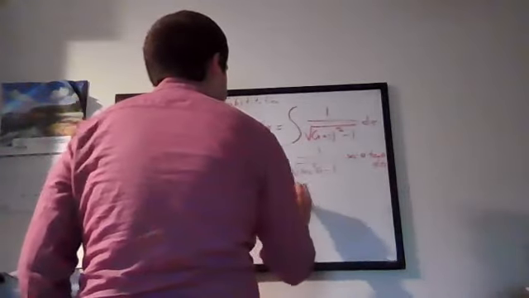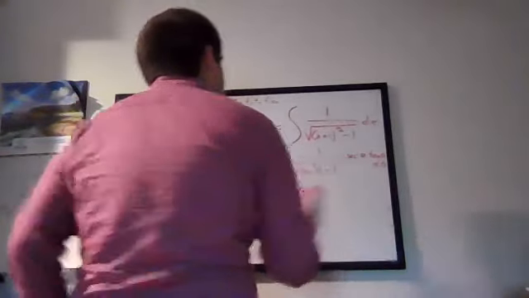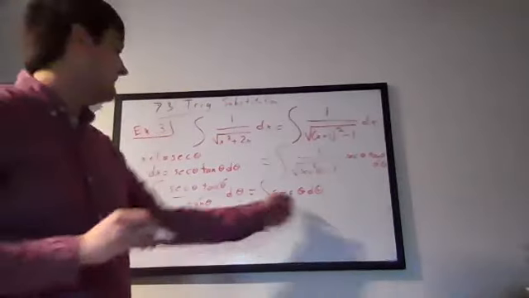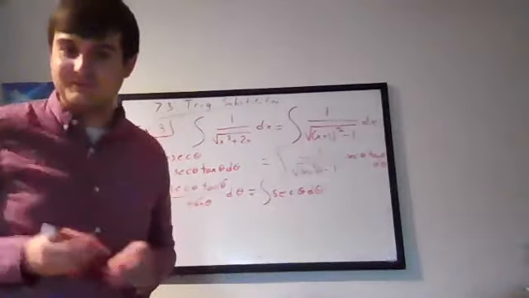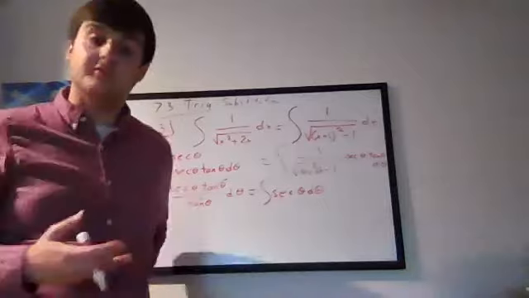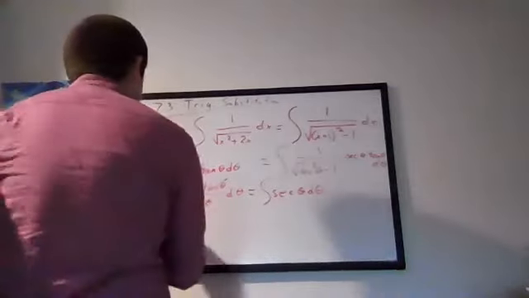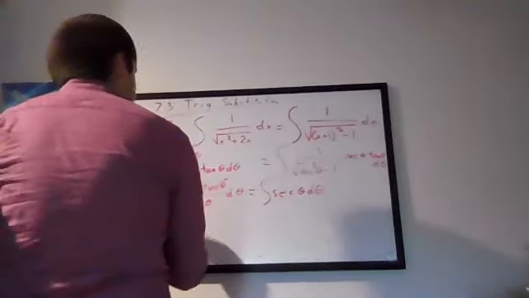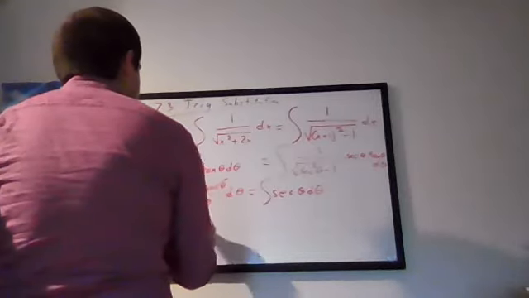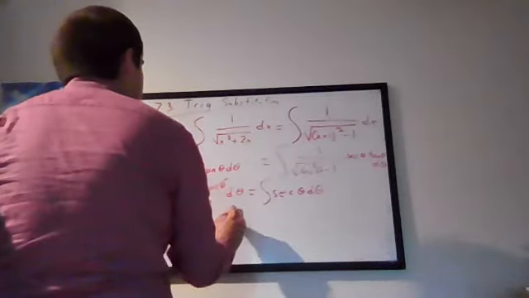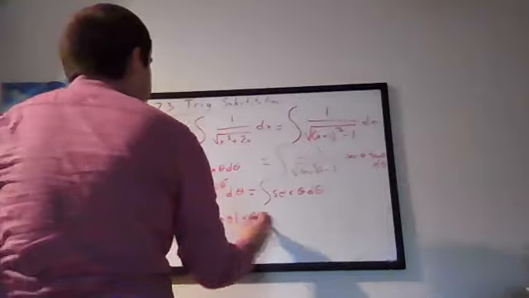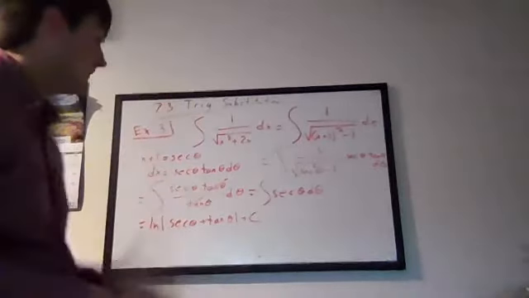Cross out the tangents, and we're left with the integral of secant theta d theta. Okay, now remember, we found this one in 7.2, right? We should know it. Maybe it's one you want to memorize. But this is going to be the natural log of secant theta plus tangent theta plus c.